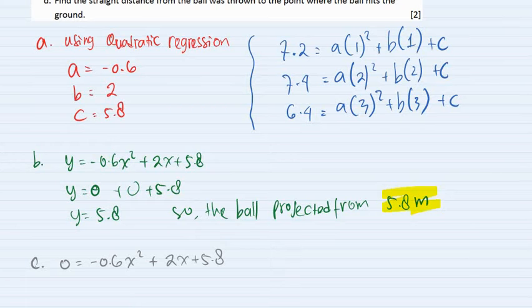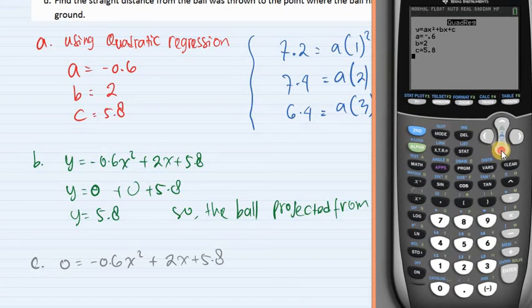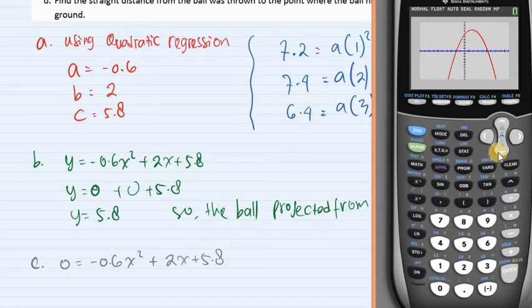You can use a quadratic solver, but I don't have it in our calculator. Or, even better, you can just draw it. The first one, the y is equal to 0, and then the second line we have negative 0.6x squared plus 2x plus 5.8, and then we just need to draw it over here.